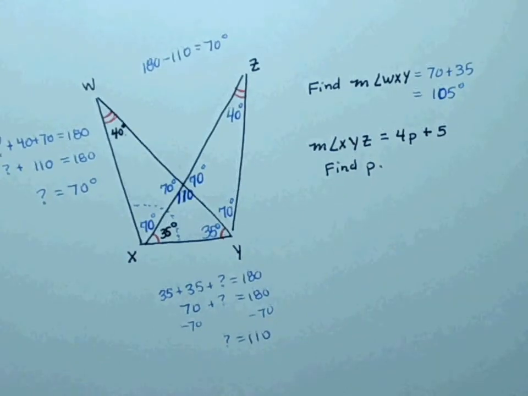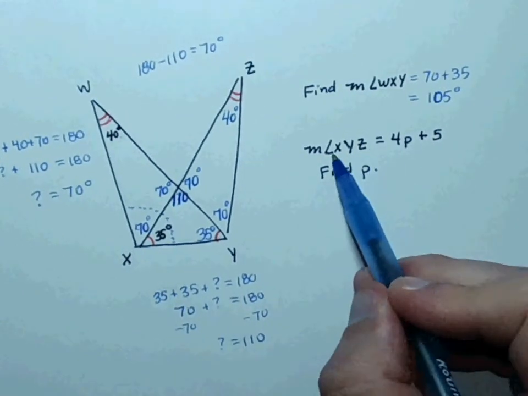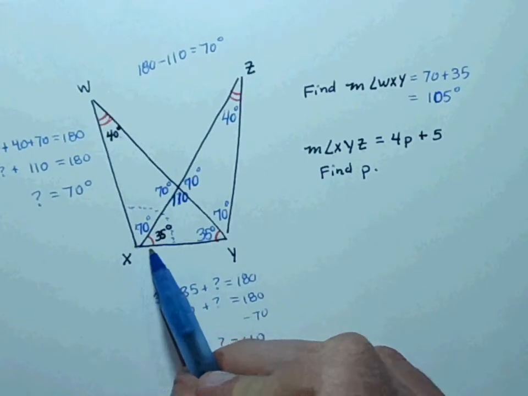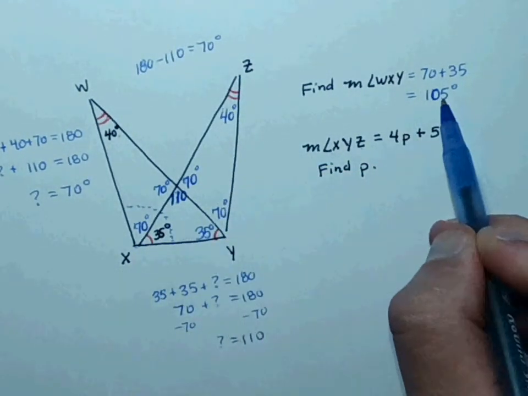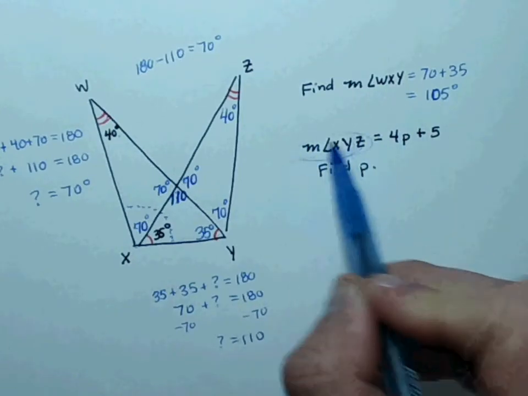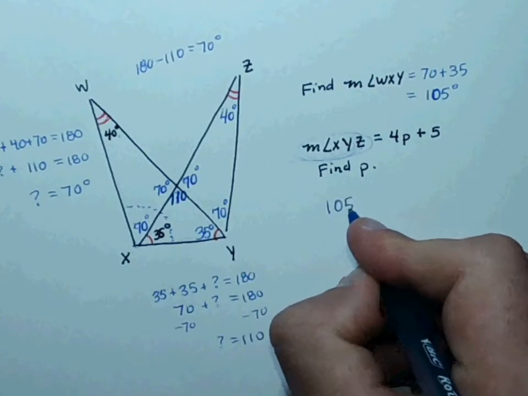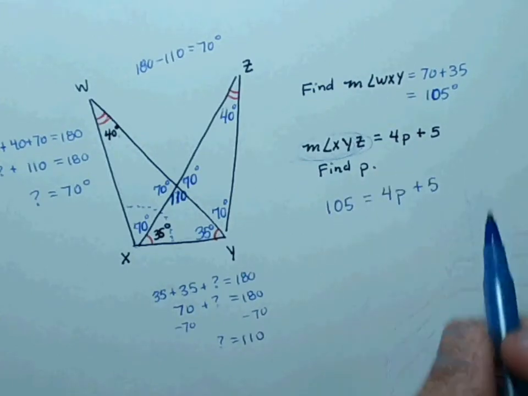Okay? So, we just found that one. Now, let's look at XYZ. We know that that angle is also 105 degrees. So in place of this, we could put 105. Say 105 equals 4P plus 5.